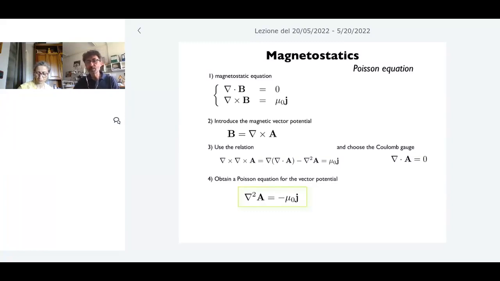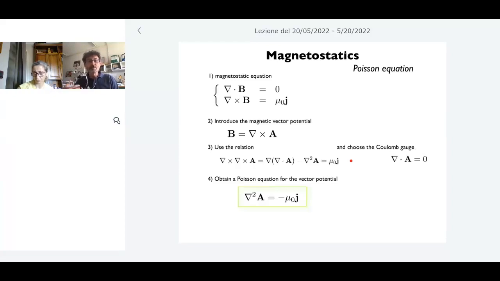And this can be simplified in terms of what is written here. That complicated thing can be written as the gradient of a scalar, which is the divergence of A, minus nabla squared of A, or of the vector itself. So second derivatives of the vector A.